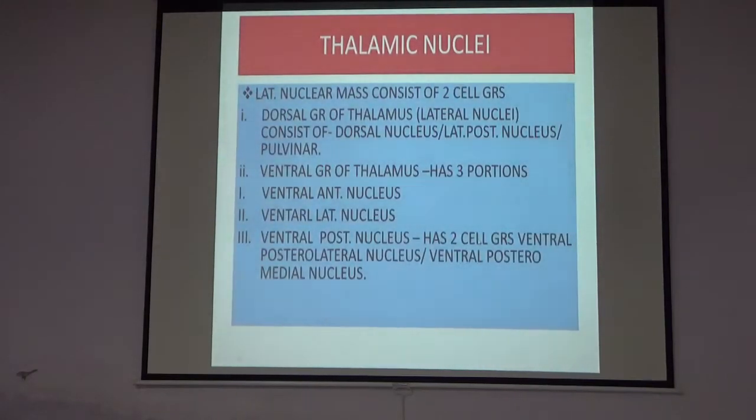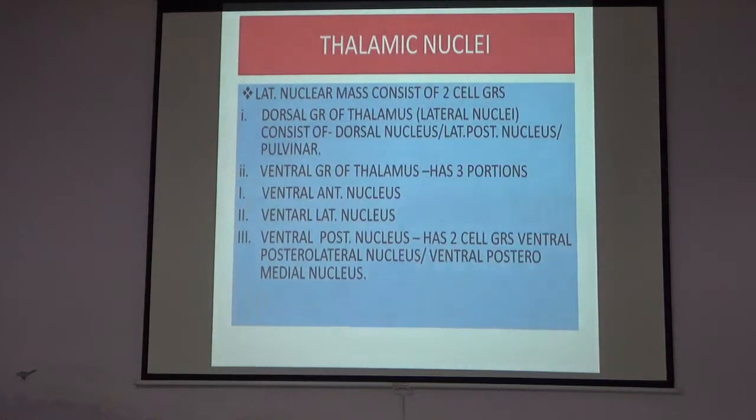So the lateral nuclear mass has a dorsal group of thalamus and a ventral group of thalamus. The dorsal group further consists of dorsal nucleus, lateral posterior nucleus and pulvinar, and ventral group of thalamus consists of ventral anterior nucleus, ventral lateral nucleus and ventral posterior nucleus.